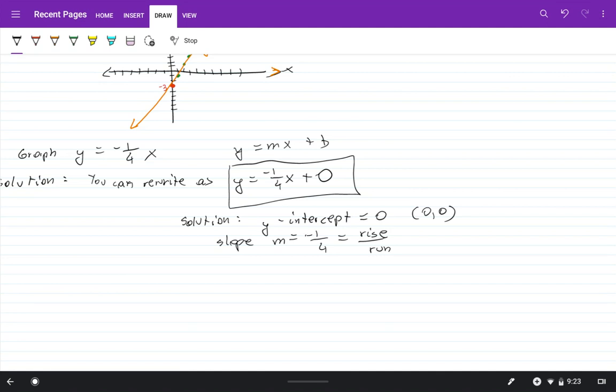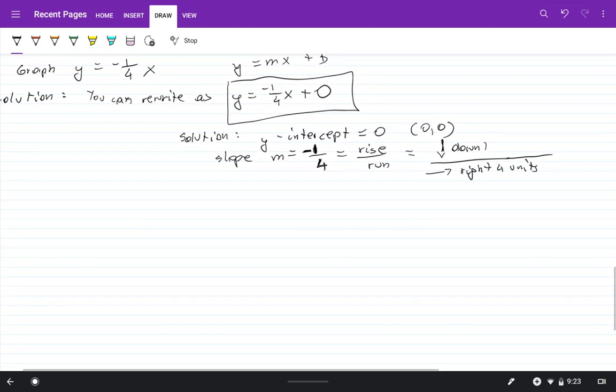I have a negative slope, and when I have a negative slope, I like to put that negative in the numerator. So for rise over run, since negative 1 is negative, I will go down 1 unit. And my run is positive 4, so I will move to the right 4 units to find the next point.